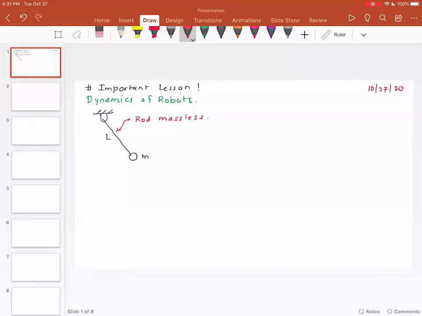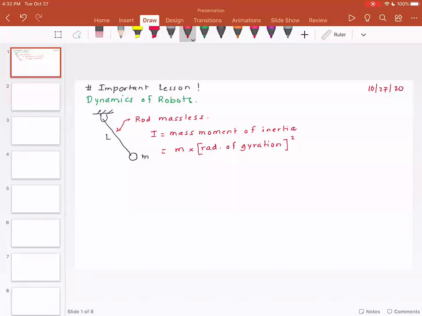For that, when we looked at the mass moment of inertia, the equation that I gave you was mass multiplied by radius of gyration square. Gyration means revolving or moving.